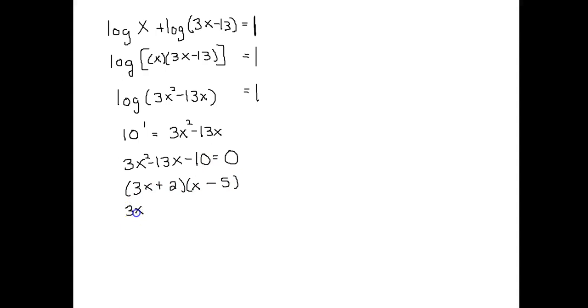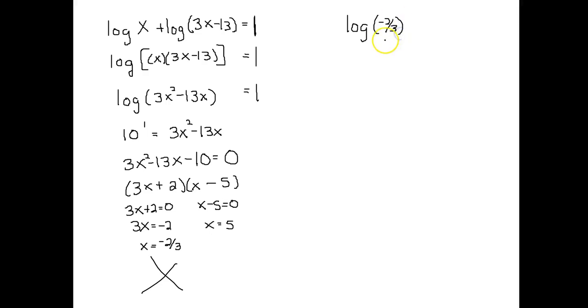3x plus 2 is 0, and x is negative 2/3. X minus 5 is 0, and x is 5. Alright, I can already tell that negative 2/3 is out, because as soon as I try to plug in negative 2/3 for x up here, can't have it.